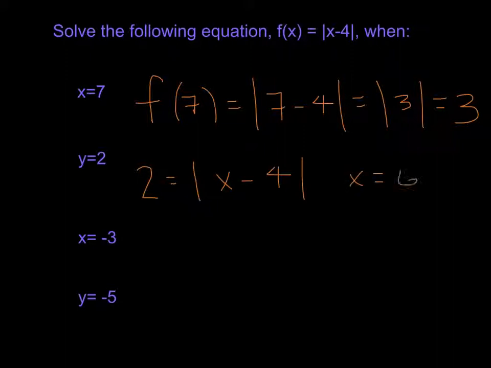When x equals 6, that's 6 minus 4, which is 2, and the absolute value of 2 is 2. But what about when x equals 2? 2 minus 4 is negative 2, and the absolute value of negative 2 is positive 2. So both of these solutions work.